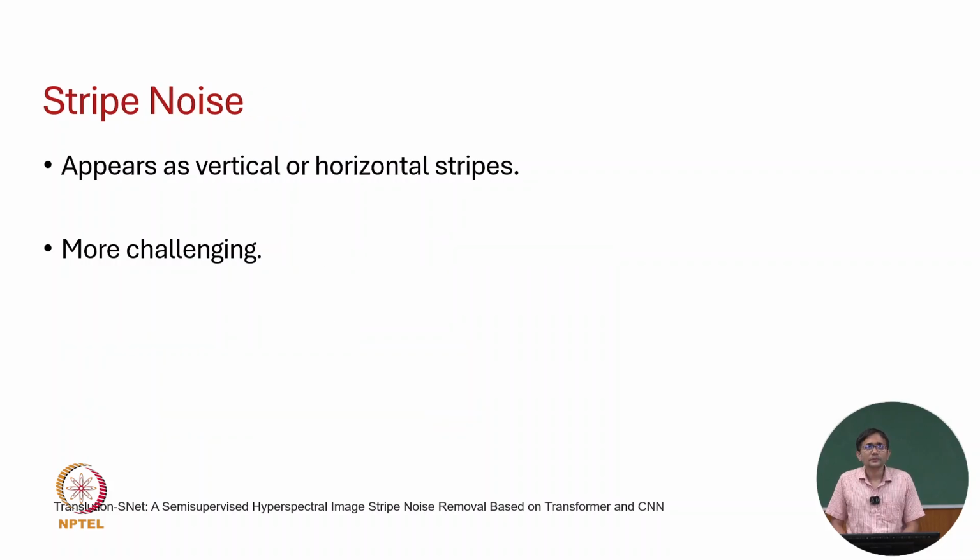However, what we also see is that the hyperspectral image is often impacted by more complex noise. Stripe noise is one such example, which appears as vertical or horizontal stripes. Thus, it is more challenging to model or solve.